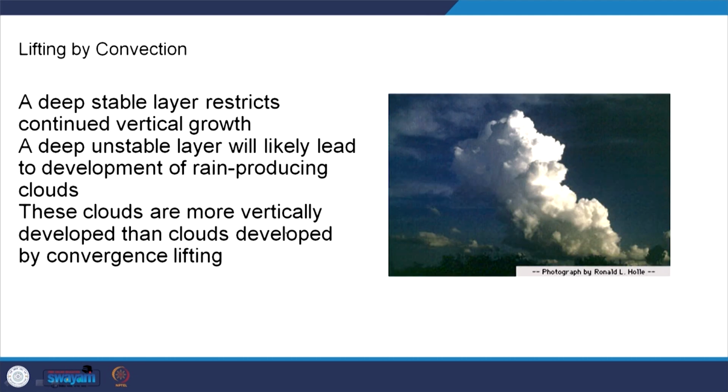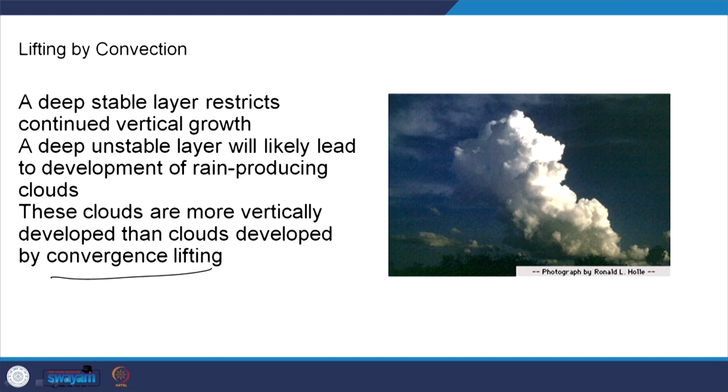Okay. Apart from that, a deep stable layer restricts continued vertical growth, and a deep unstable layer will likely lead to development of rain producing clouds. These clouds are more vertically developed than the clouds that are developed by convergence lifting. You must have seen several different types of clouds in the sky at several points of time, right.